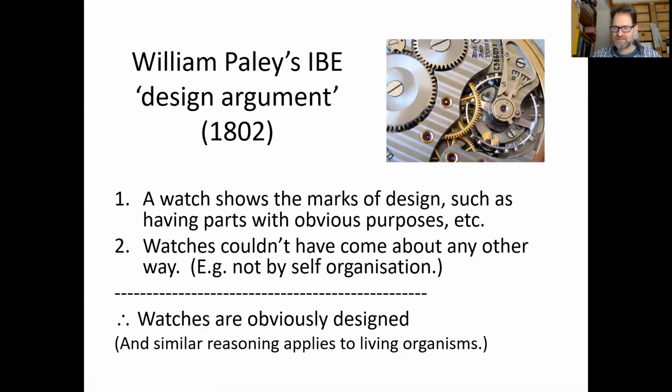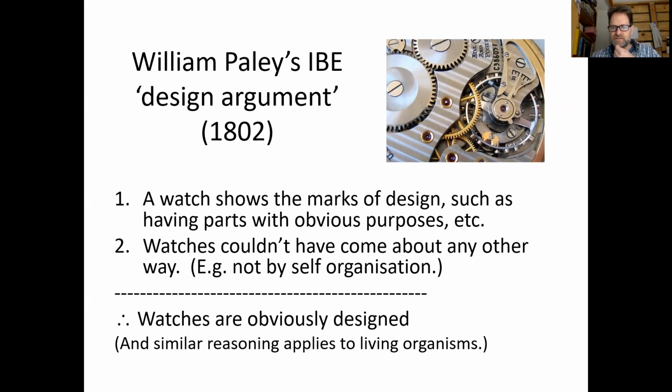Its purpose is to tell the time, and the parts of the watch are very finely adjusted, very finely crafted in order to carry out that function. And there doesn't seem to be any other way that a watch could come about. They don't just form like snowflakes or rocks by chemical or physical processes. So clearly they were designed.